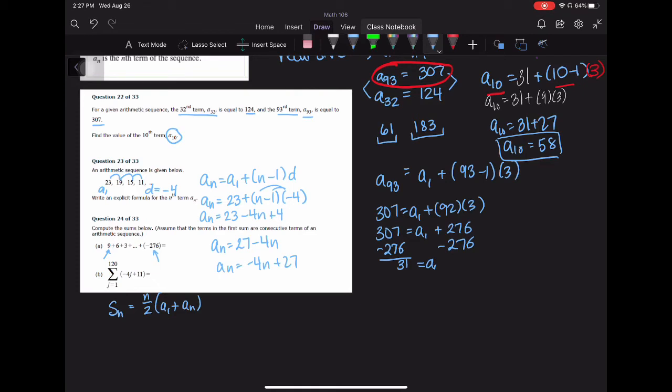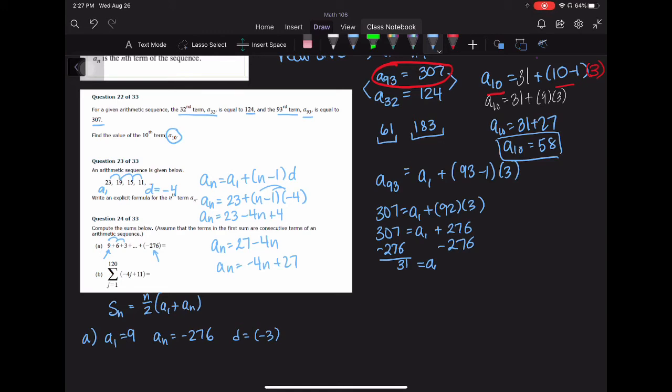Let's start with A, where we know the first term is 9, and the nth term is -276, but I don't know what n is. Let's think about the common difference. What's happening as I go from 9 to 6 to 3? I'm decreasing. So using the same idea as above, I can find n.